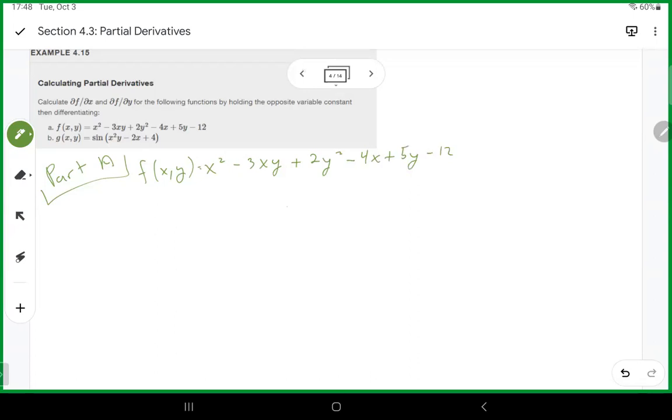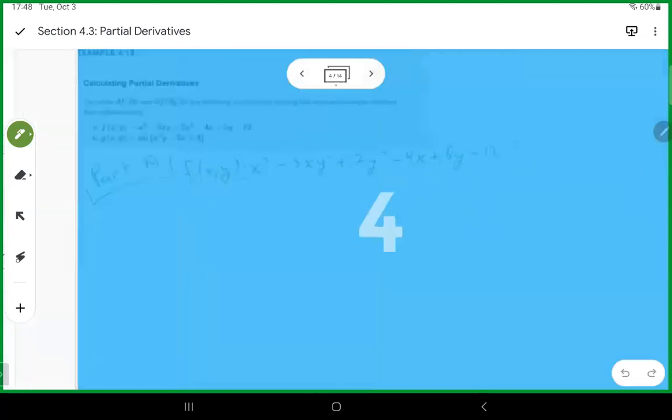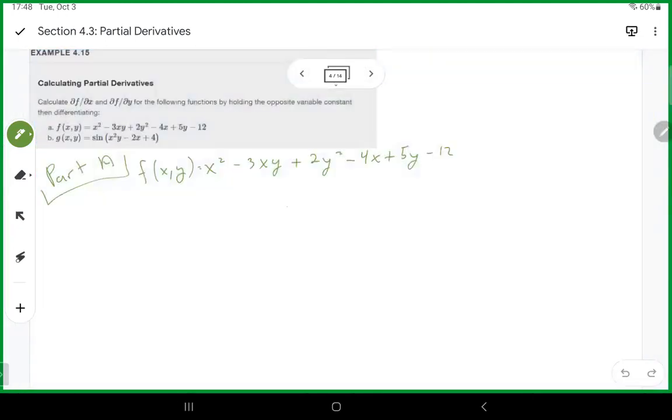Isn't that just what we were working with? Yep. Okay. So I think what they're going to end up showing us here is that they're going to be the same answer. We're just going to take a different approach with it.